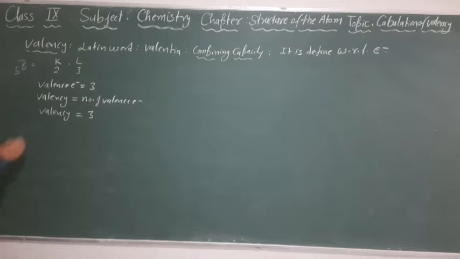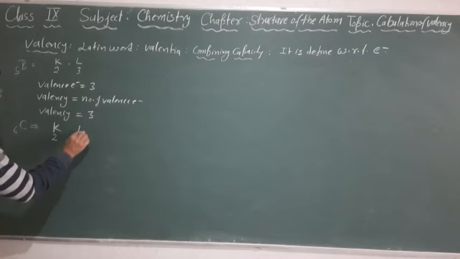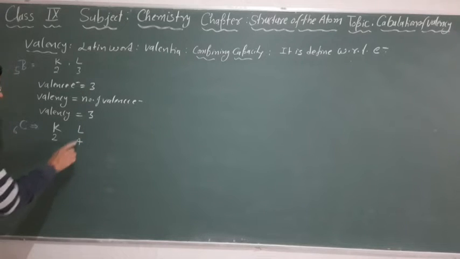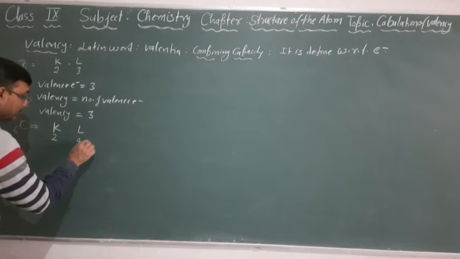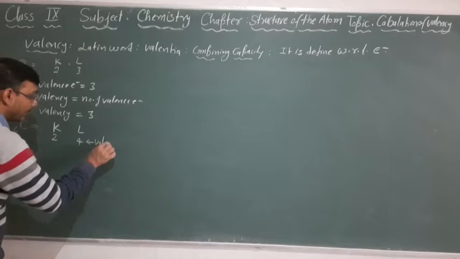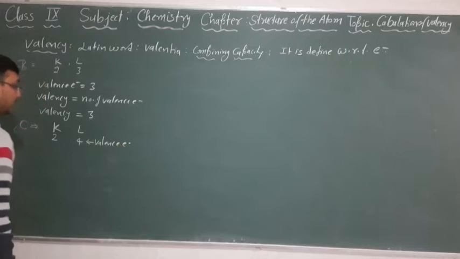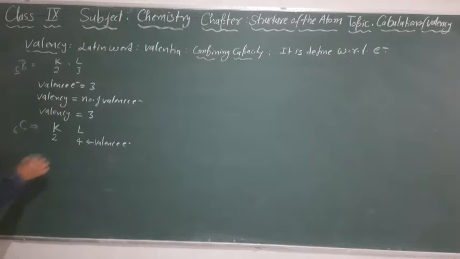Then after boron, carbon 6, electronic configuration K cell 2 electrons, L cell 4 electrons. So here this is the outermost cell, and the outermost cell has 4 electrons, and the number of electrons present in the outermost cell is known as valence electrons. Valence electron is 4.